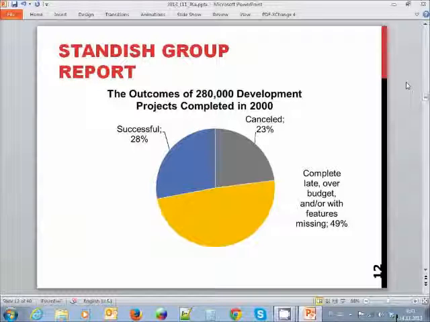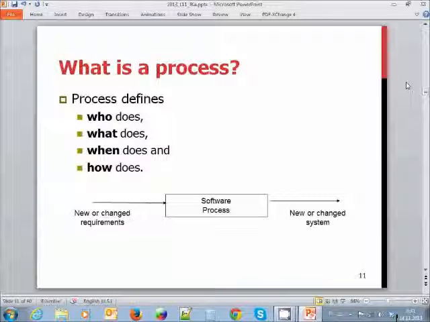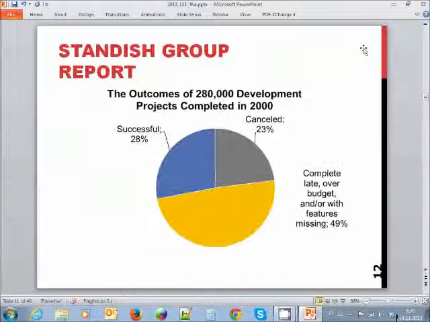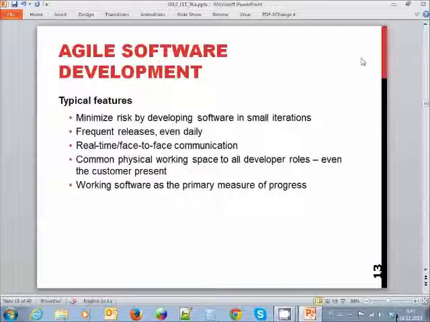So basically, considering that software processes are guidelines for projects to produce software within budget, within time limits, with acceptable quality and all the required features, we still have half of the projects missing that goal. Then what can we actually do to improve this situation? And that's where the agile methods come from.